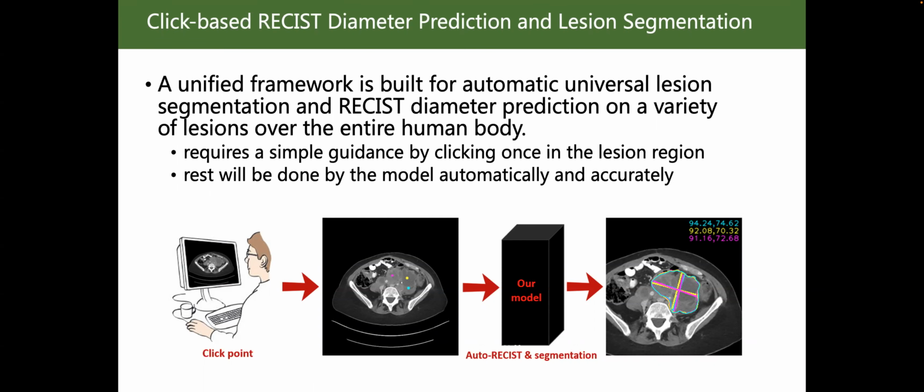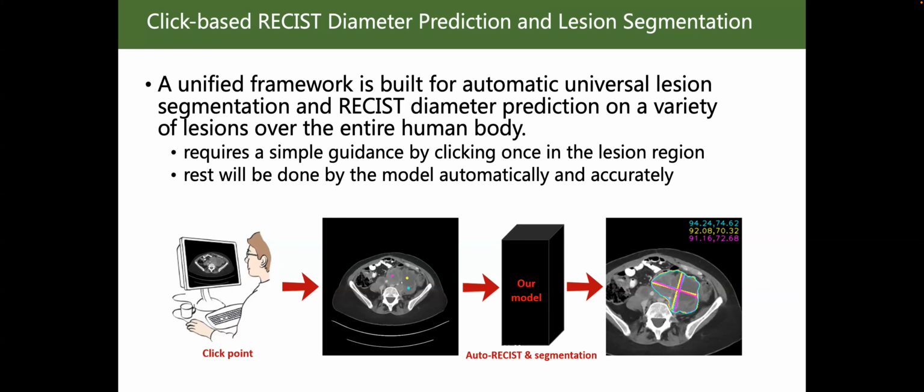To overcome these problems, 3 unified frameworks are proposed for automatic and simultaneous lesion segmentation and RECIST diameter prediction over the whole human body with just a single click as guidance information. Those methods only require a single click within the lesion region, which is more convenient and efficient, without the need to carefully control the box size when drawing.